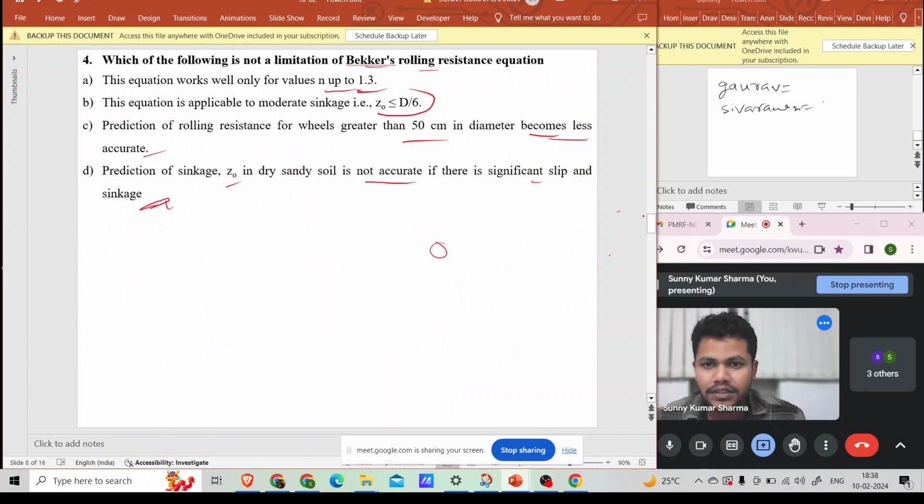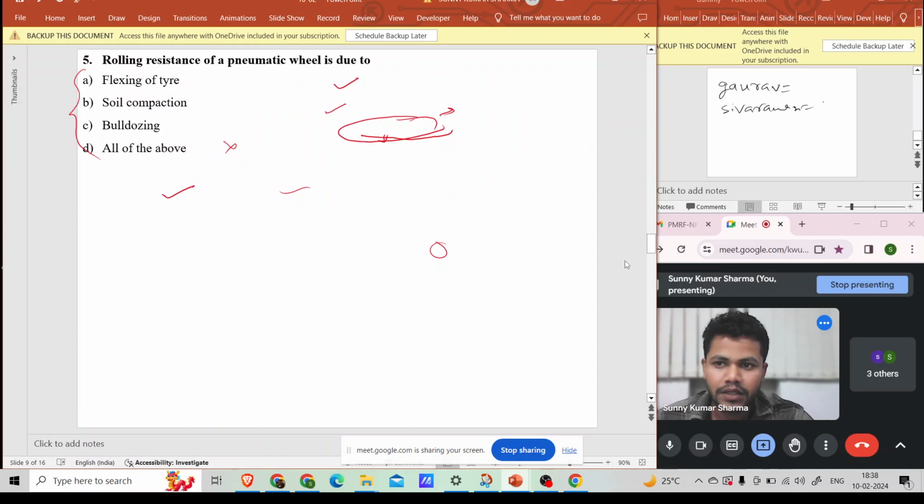So the first expression is a limitation, the second is also a limitation, and the third, that prediction for a wheel greater than 50 centimeter becomes less accurate, is wrong. Greater than 50 centimeter is okay; for less than 50 centimeter there is a limitation. That is incorrect. So this is the answer. You can solve it when you see the video.